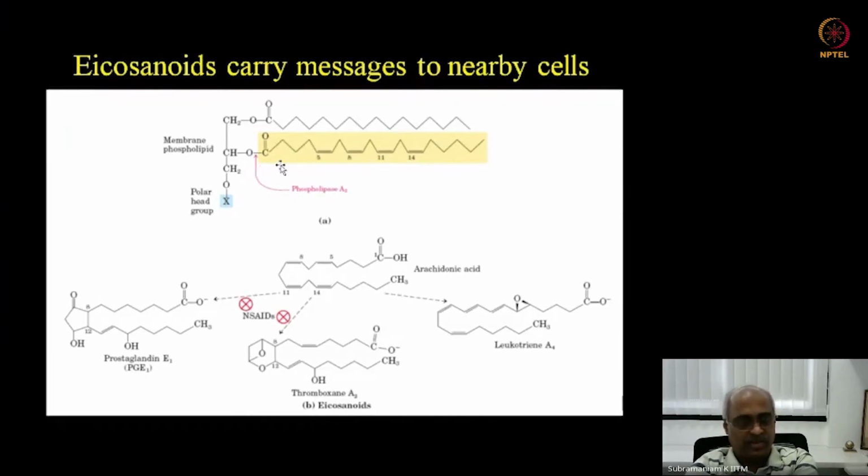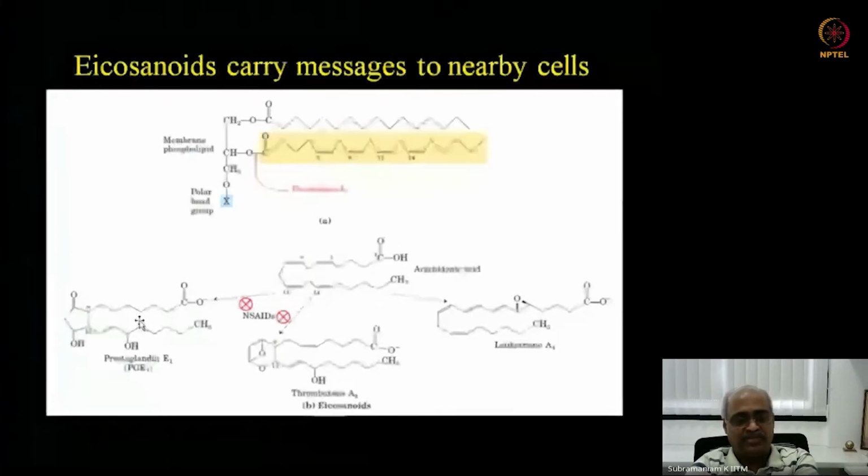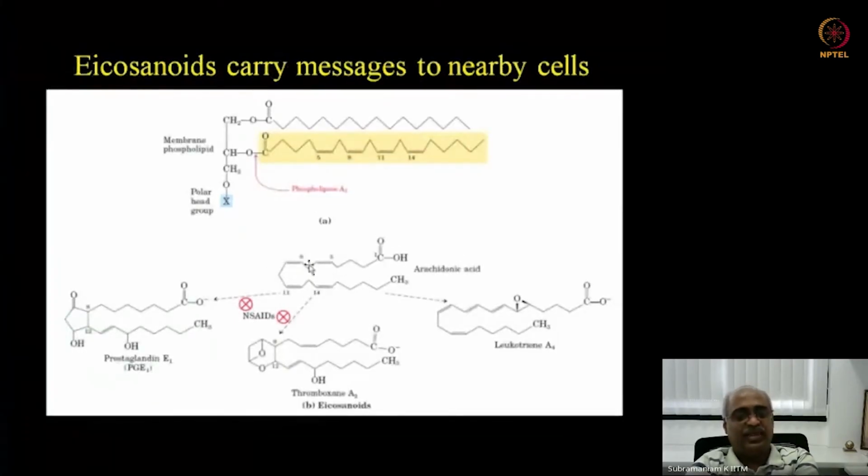Okay, a 20 carbon fatty acid with 4 unsaturated bonds. And this is released from the membrane in response to signals, and is shown in hairpin shape here for convenience of moving to the next step. This is the free arachidonic acid. It's a carboxylic acid with 4 double bonds.